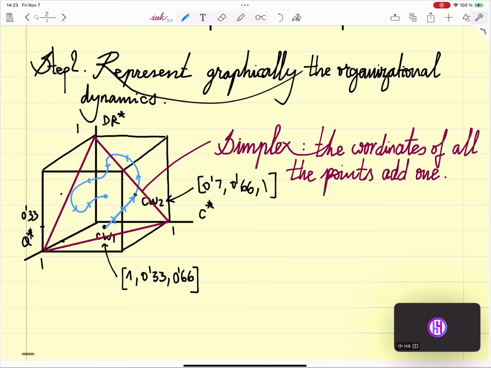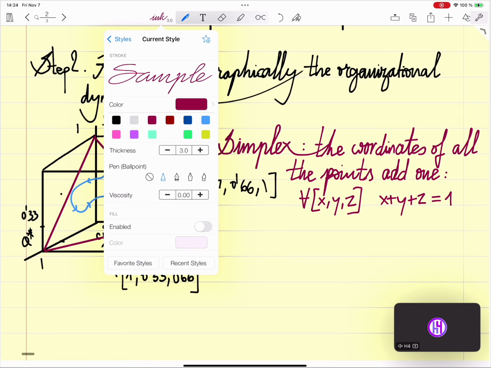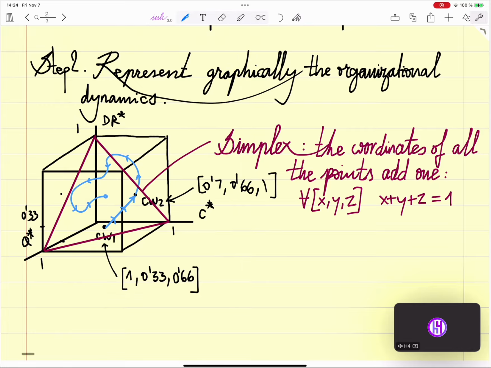Okay, so for whatever point x, y, z, x plus y plus z equals 1. And if we project the blue curve into the red simplex, then we will get something like this.